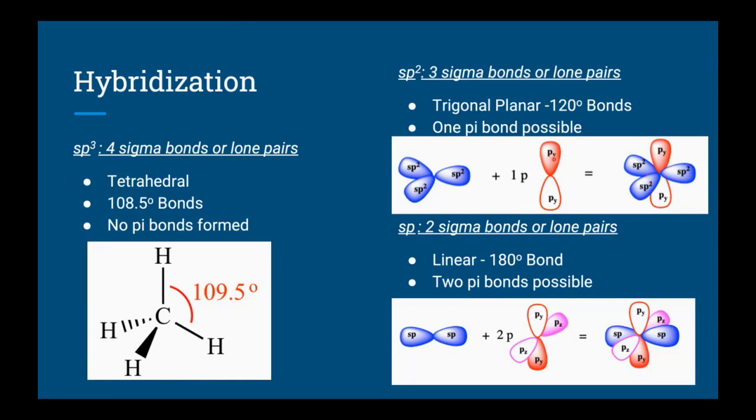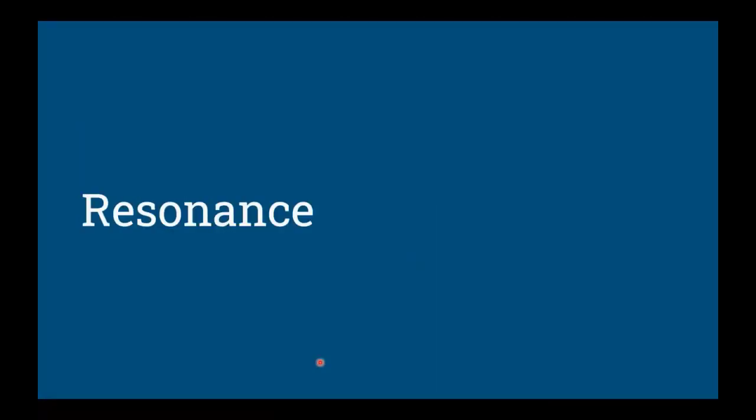So you may see questions on your exam where they will ask what is the bond angle between this lone pair that's in the p orbital and a sigma bond? The answer to that will be 90 degrees. It's important to remember that those p orbitals are orthogonal, they're perpendicular to these hybridized orbitals. That's why we can form pi bonds, and it's something really important to remember. Don't go using 120 degrees or 180 degrees. That's incorrect.